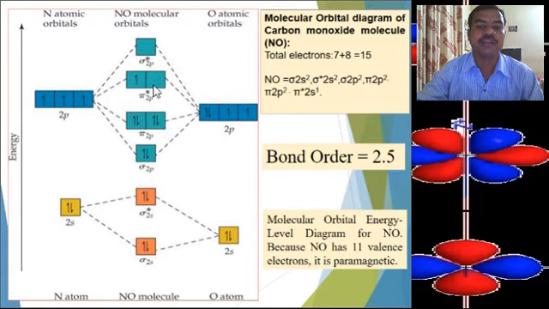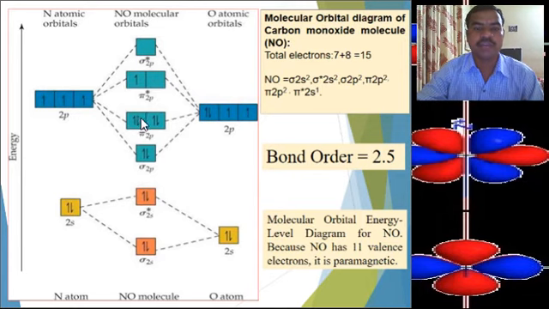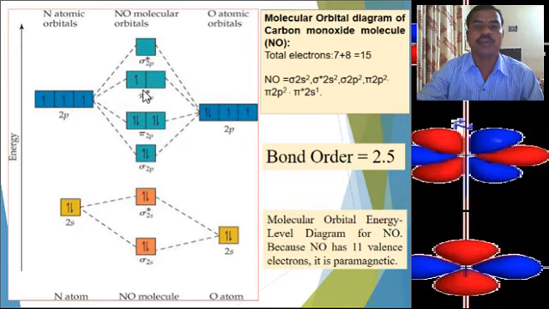In the antibonding molecular orbitals, sigma star 2s has 2 electrons, and pi star 2p has 1 electron, making 3 electrons. Here the electronic configuration of the NO molecule: sigma 2s2, sigma star 2s2, sigma 2p2, pi 2p2, pi 2p2, and pi star 2p1. These are the electronic configurations of the NO molecular orbitals.